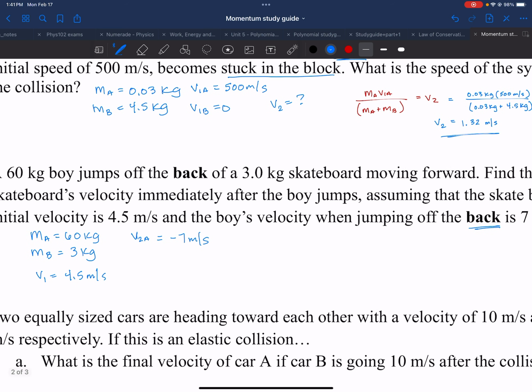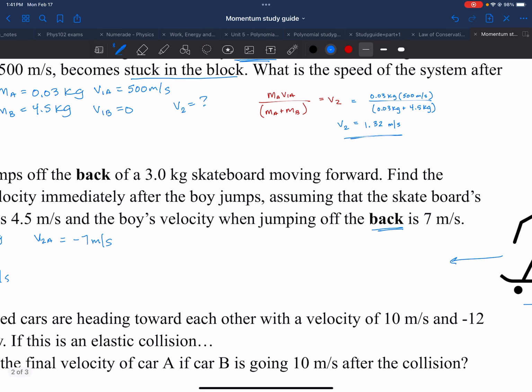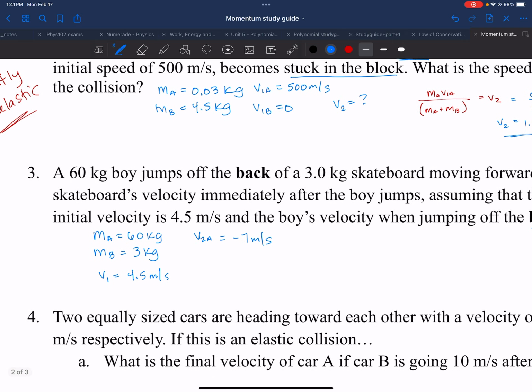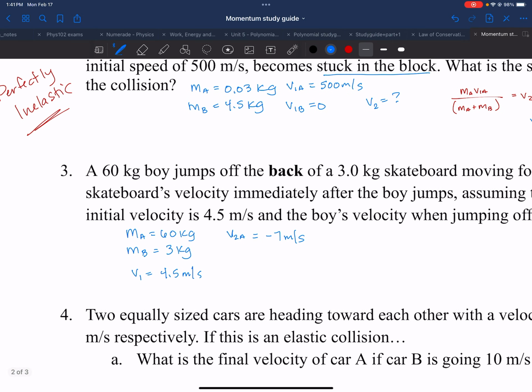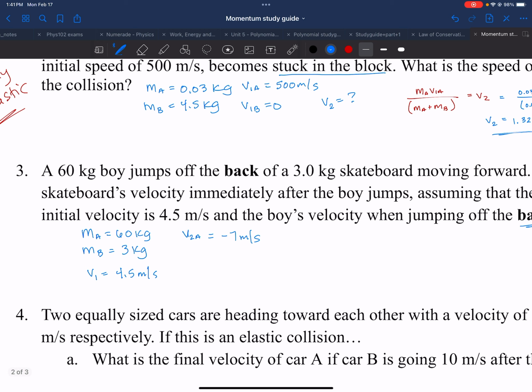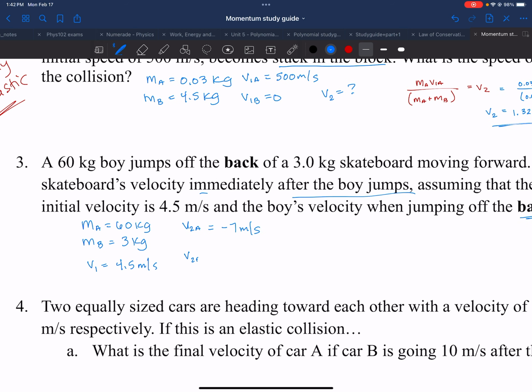So we want to know what the skateboard's velocity is immediately after the boy jumps. So we want to know V2B.